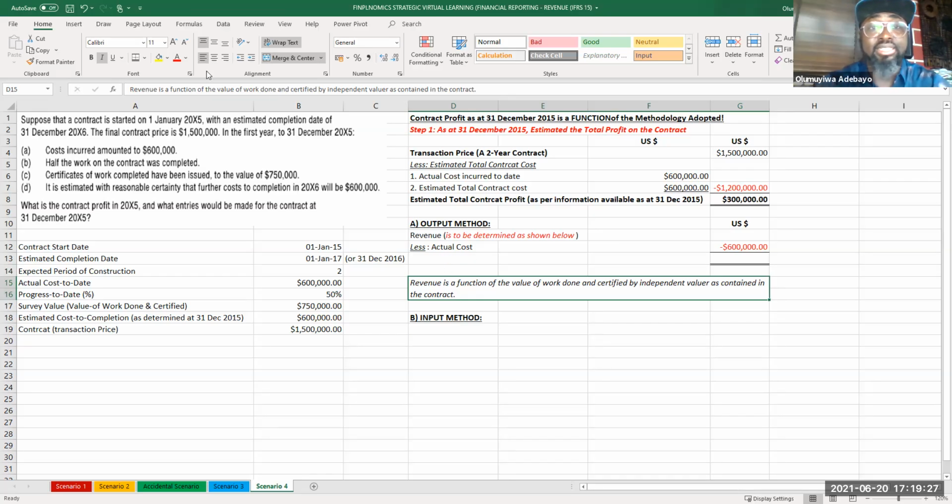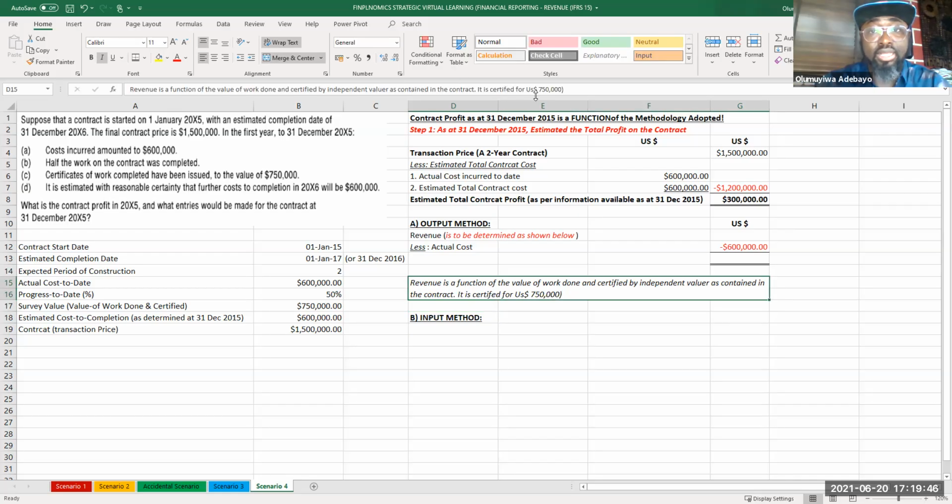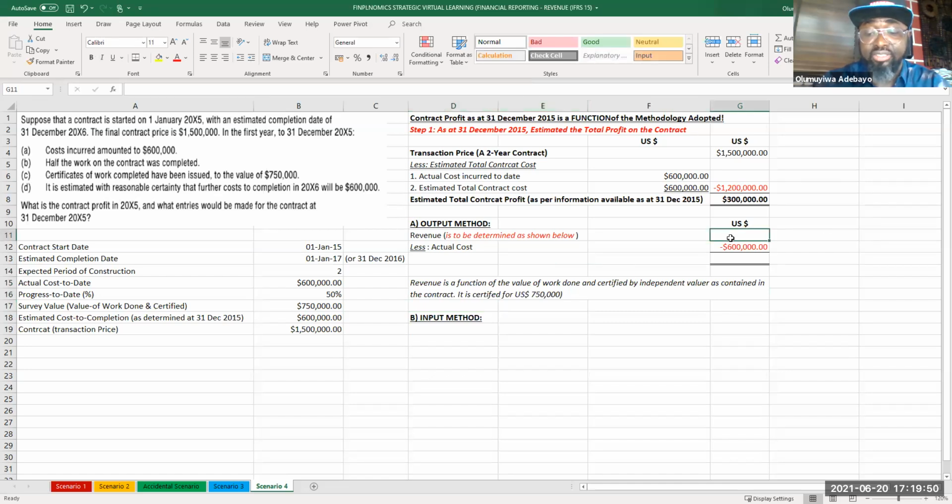Therefore, in this case, it is certified for how much? For 750,000. Therefore, I'll come here to recognize 750,000 as my revenue.